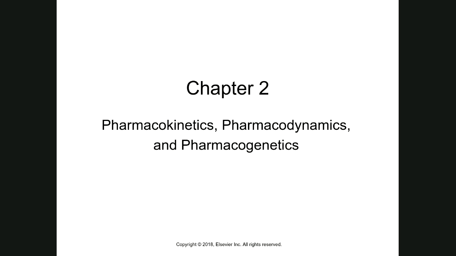The pharmacokinetic phase describes the movement of the drug through the body, and it is composed of 4 processes: absorption, distribution, metabolism, and excretion.